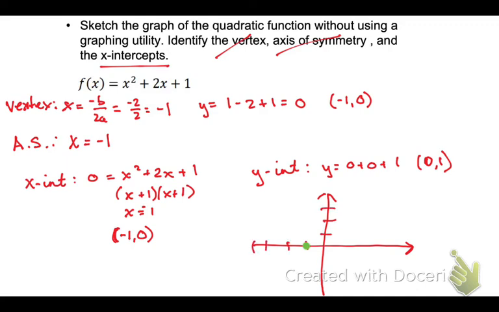Well, if it goes through 0, 1, it also goes through negative 2, 1, yes? Since it's symmetrical. And then I have to draw a nice what? Nice curve. Don't be making them look like absolute values.